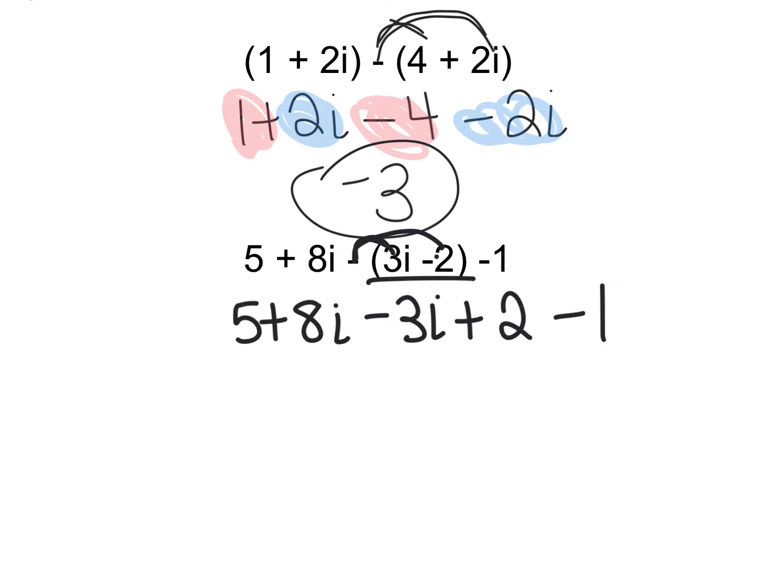Then our like terms: we have a 5 and a 2 and a -1 that we can put together, and then we have an 8i and a -3i. When you put these answers in, our standard form is that we put our reals first. So 5 plus 2 minus 1 is 6, and 8i minus 3i is 5i.